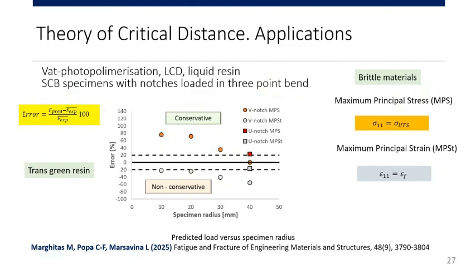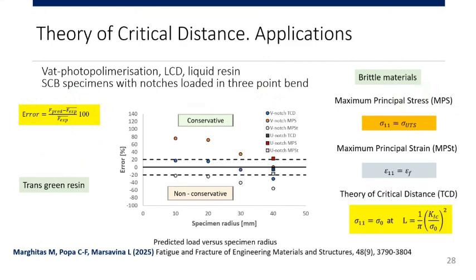Initially, we compared our data with the classical strength of materials theories for brittle materials, which are the maximum principal stress and maximum principal strain. As you can see, apart from some data for the biggest specimen diameter, all the others are rather conservative, considering maximum principal stress, or non-conservative, considering the maximum principal strain. So we applied the theory of critical distance, and with this, we have determined K1C and the ultimate tensile strength.